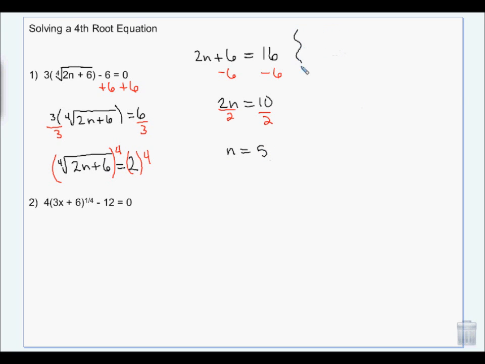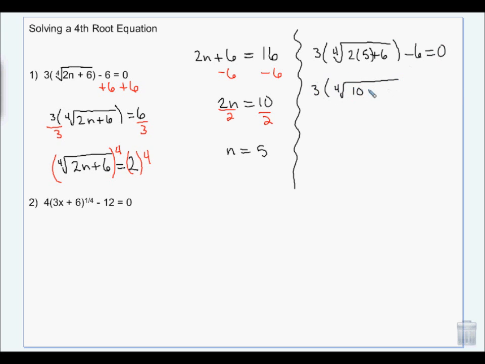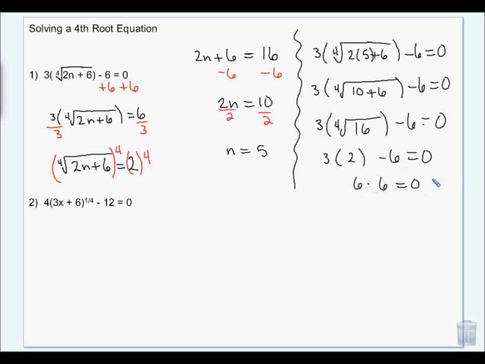And then we need to check it. Okay, so I've plugged in, I've done everything, it worked, so this is the correct solution.